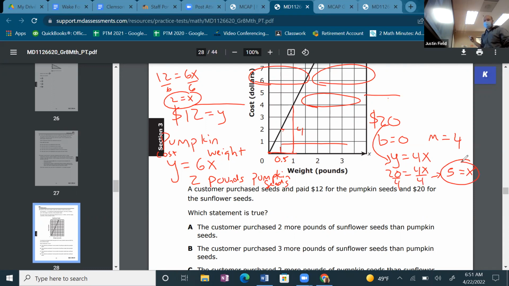We've got it. So how many more pounds of sunflower seeds than pumpkin seeds were bought? 3 more sunflowers, right? Because we got 5 minus 2 is 3. So which one is it?